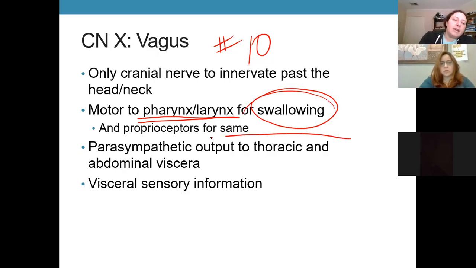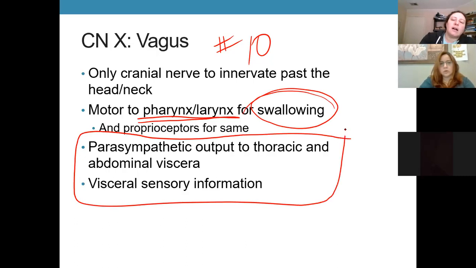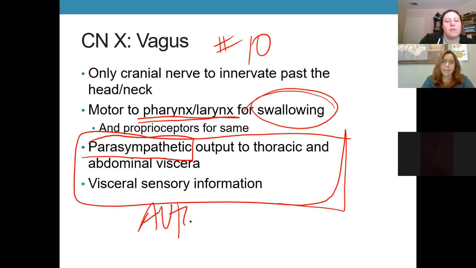But the important thing is that it carries a lot of visceral sensory information from the thorax and the abdomen back to the brain, and it sends visceral motor output to the thoracic and abdominal viscera as well, okay? So this nerve is kind of a big deal.